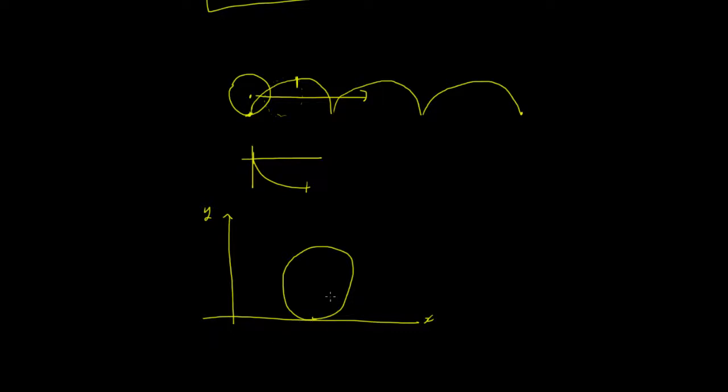I'll try and get something better. Not very great with this tool at drawing circles. So I'll draw a circle, there we go. Still not fantastic, but there's a circle.